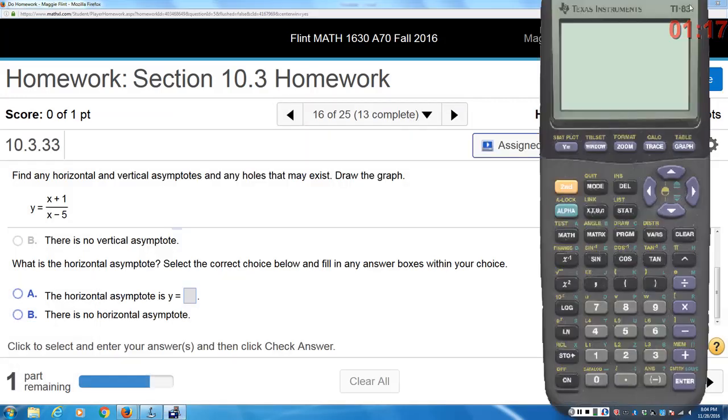So if we put this function in the calculator, one way you can do it, once again, let's go to the standard window.